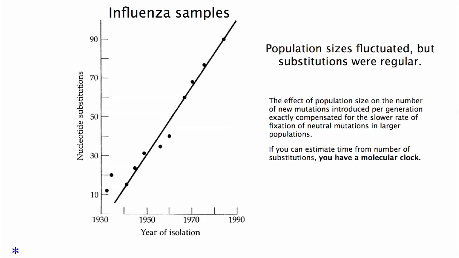In this case, the effect of population size on the number of new mutations that were introduced each generation exactly compensated for the slower rate of the neutral mutations in the smaller populations. So if you can estimate time from number of substitutions, you have a molecular clock. This is a molecular clock. It says that if we had this many substitutions, that was 5 years.